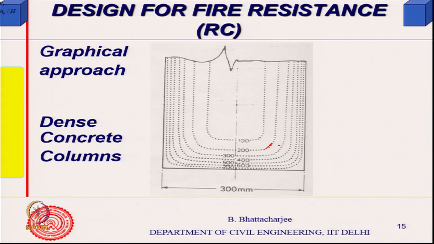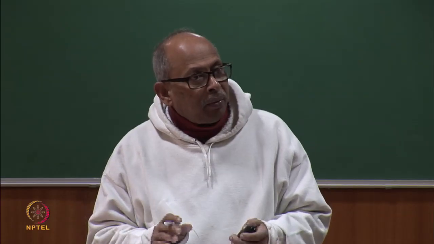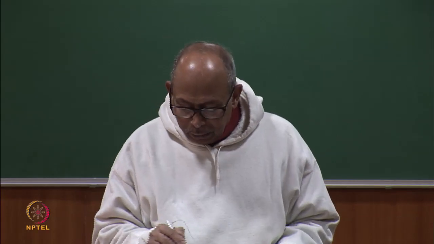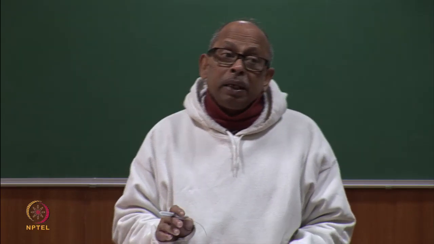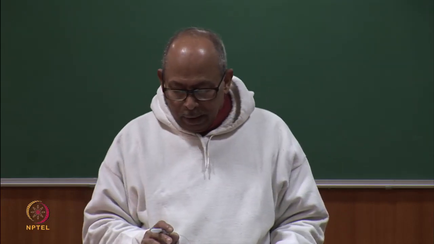Supposing you know the cover depth, you can find the time at which the temperature reaches 550 at the corner steel and so on. Each curve is for one time, and it is assumed to be symmetric and engulfed in fire from all sides.